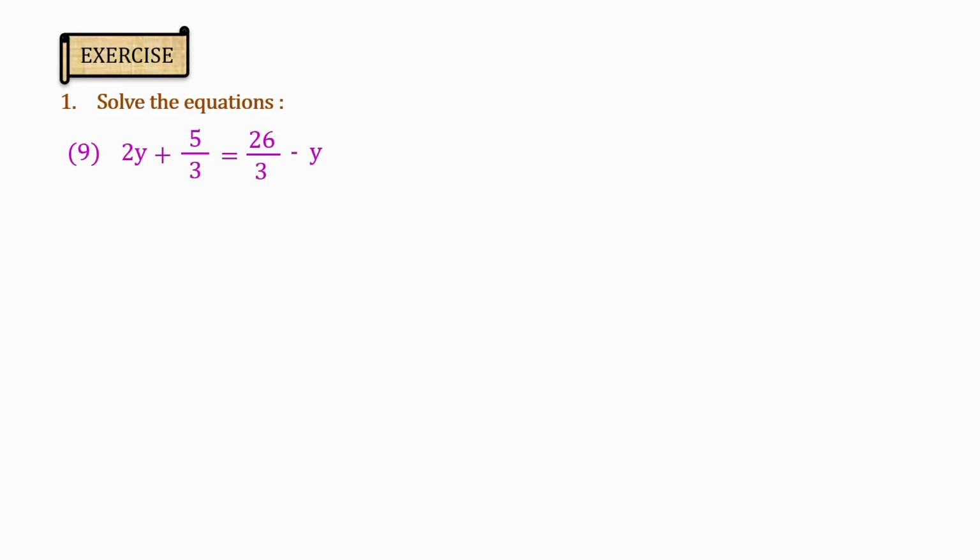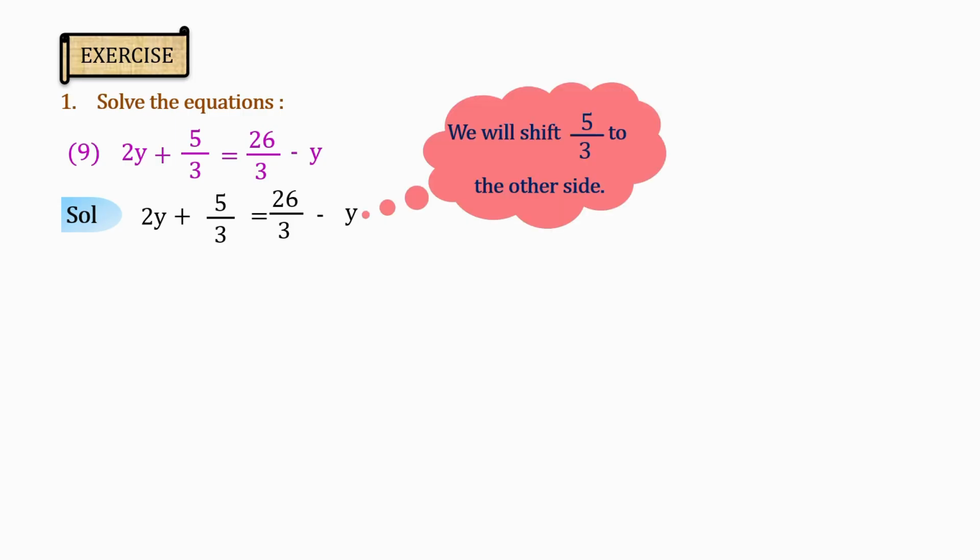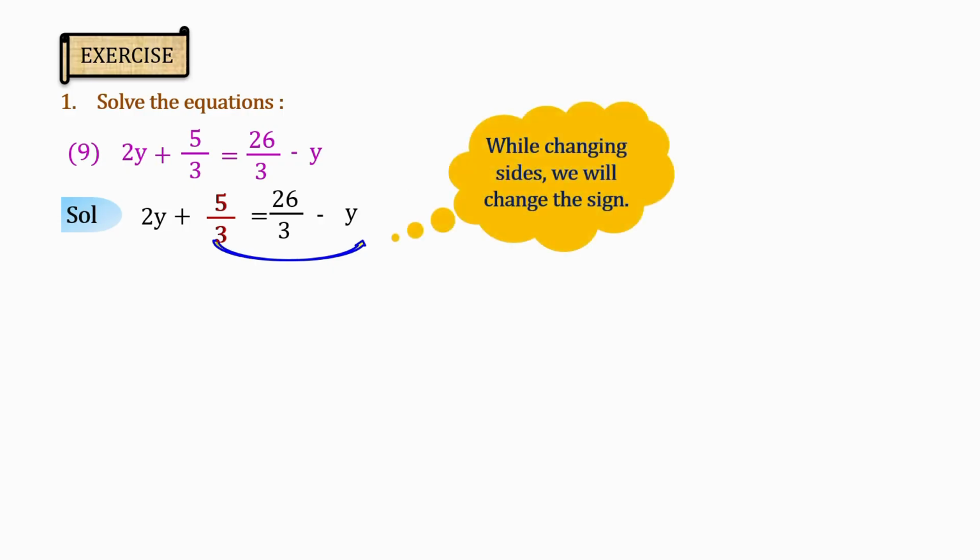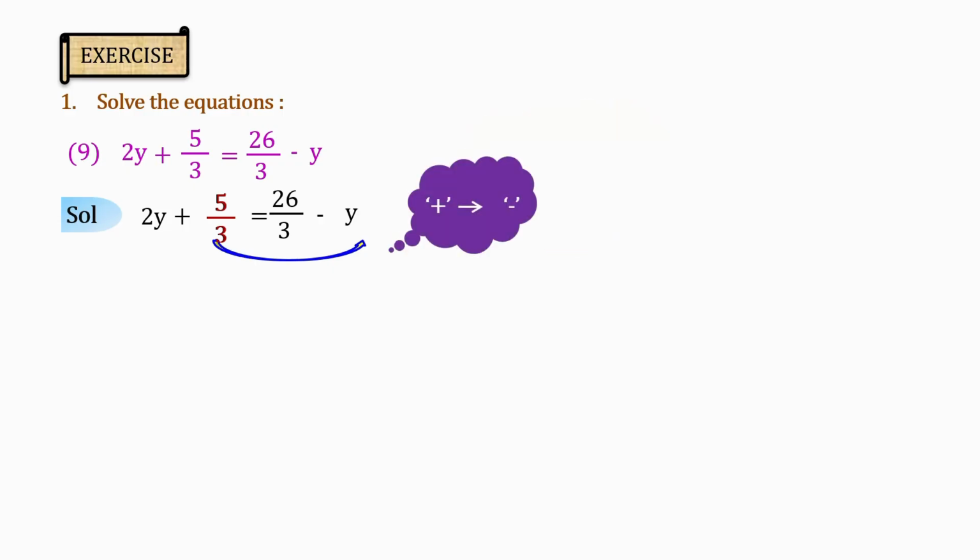Now next problem. 2y plus 5 by 3 equal to 26 by 3 minus y. Now in this case we are going to shift 5 by 3 to the other side and we will change the sign.